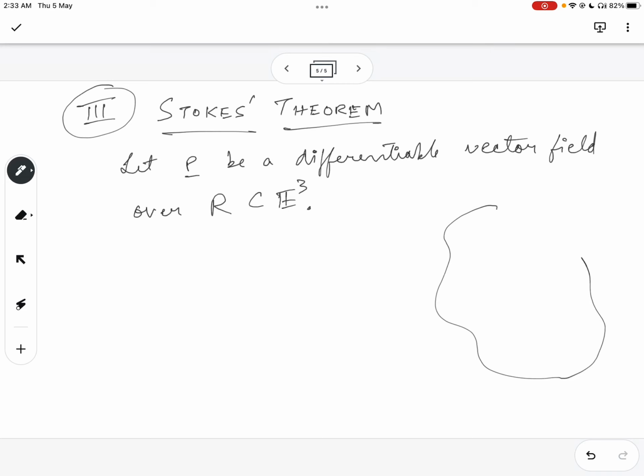So let this be the region R. We'll consider a surface S. The boundary of this is the curve del S, and the normal to this surface at each point is the unit vector capital N.